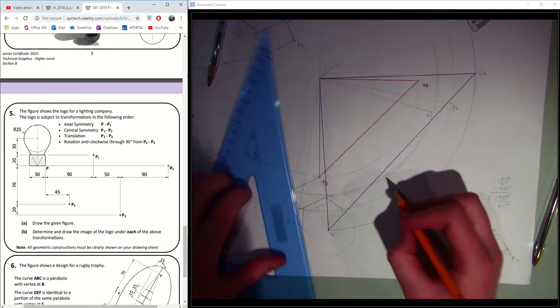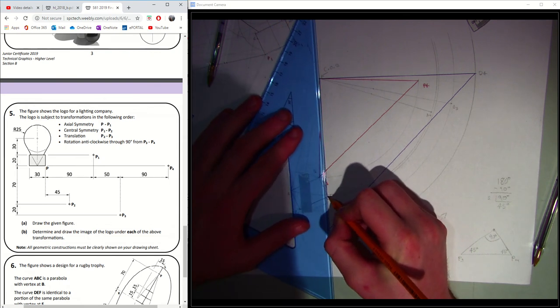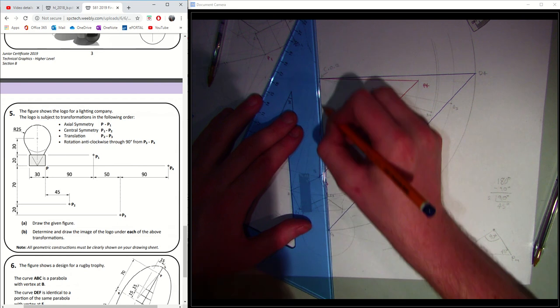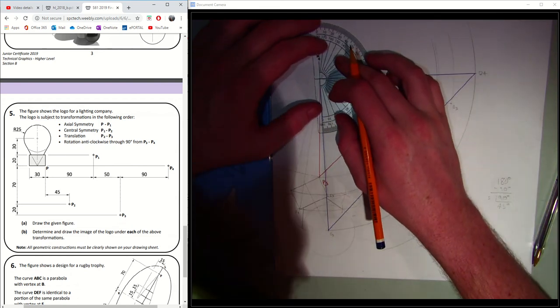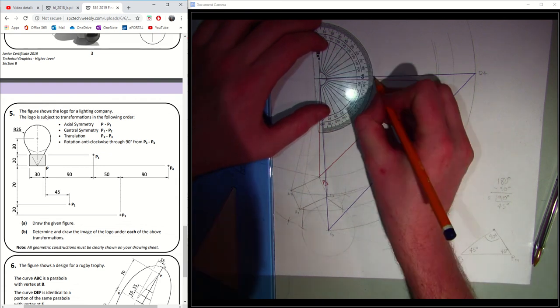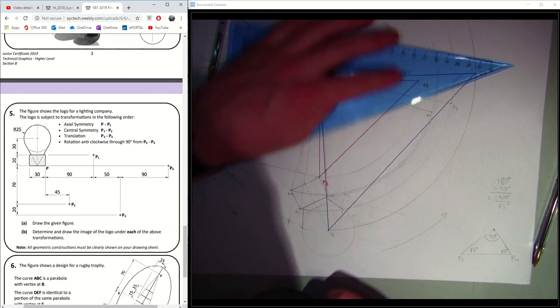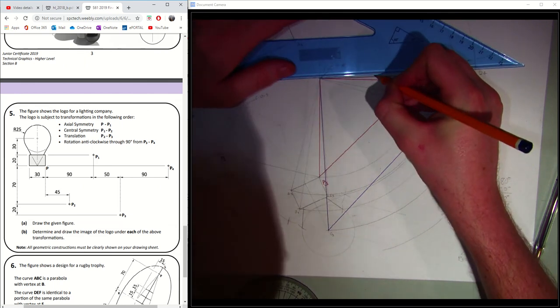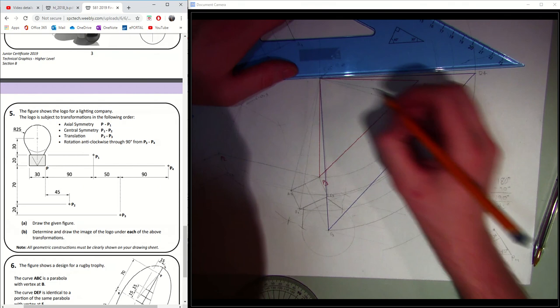B4. And finally with C3 then I want to join that back to my center of rotation. I'm going to create a 90 degree line, and I'm going to draw that line out to my C3 line, so that's going to end there.